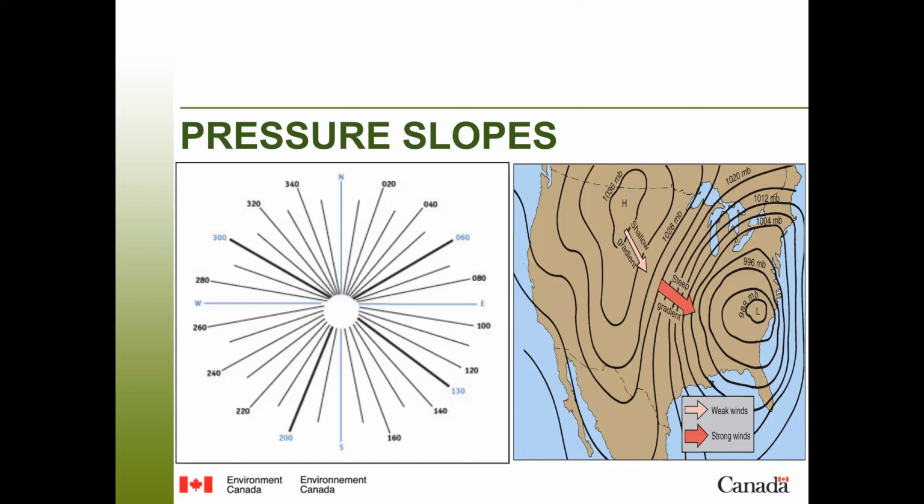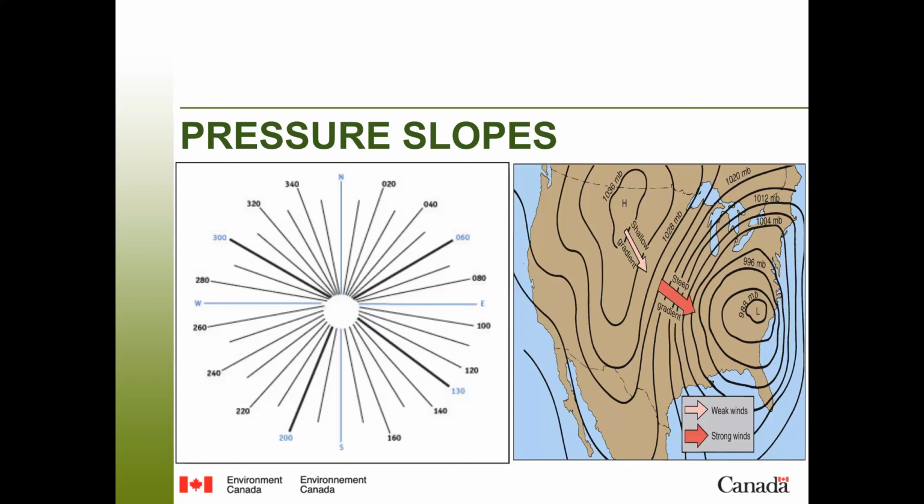Depending on that pressure slope regime, that can really dictate how the winds will behave in particular areas of the south coast. So I'll touch on a couple, just looking at the south coast, and we'll focus on the Georgia Basin. We'll focus primarily on the Strait of Georgia, and we'll also do Juan de Fuca.